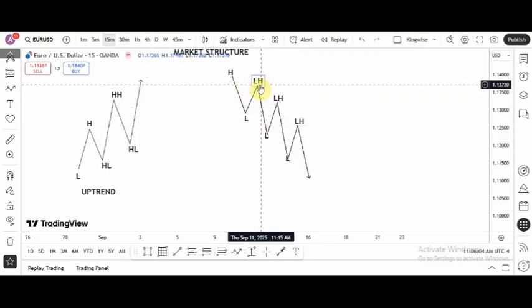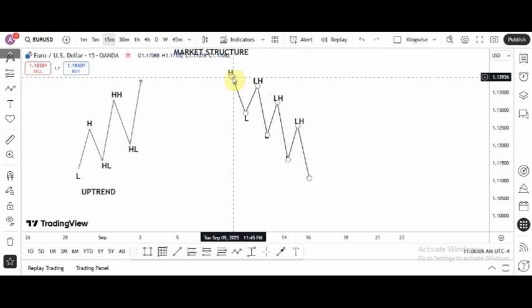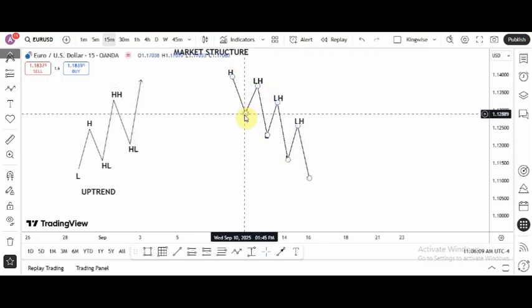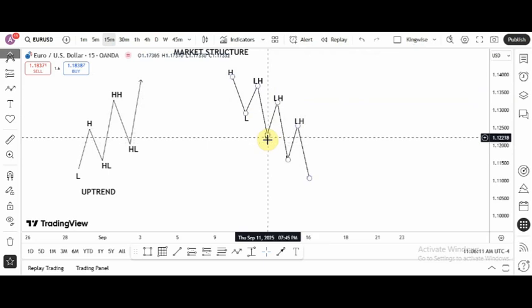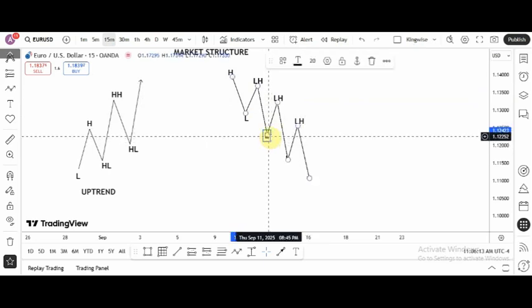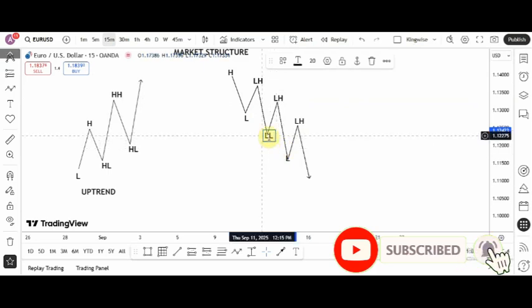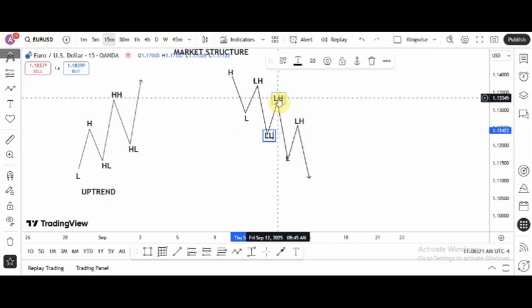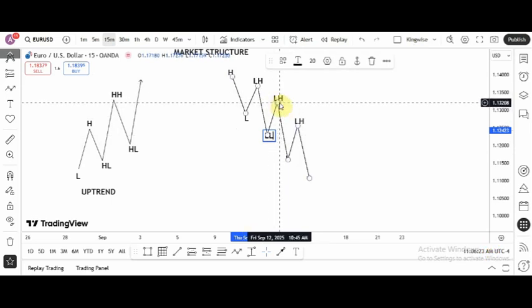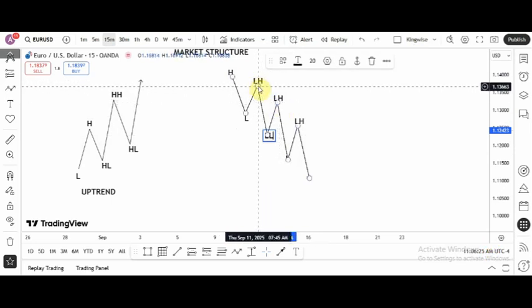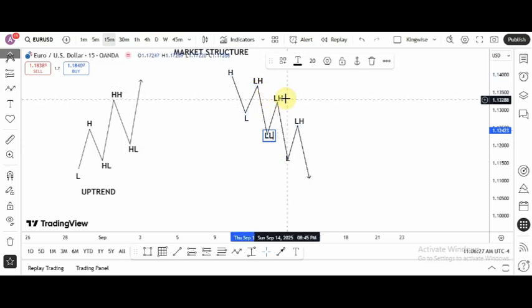This lower high is called lower high because it is lower than this high. Now price takes out this low to form a new what? Lower low. We call this lower low because it is lower than this low. Now this lower low pushes up and forms another high, but this high is lower than the previous high, so it is called lower high.